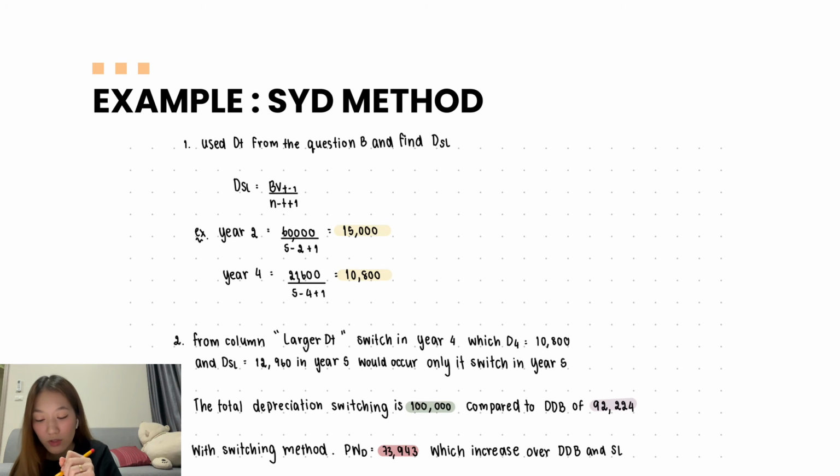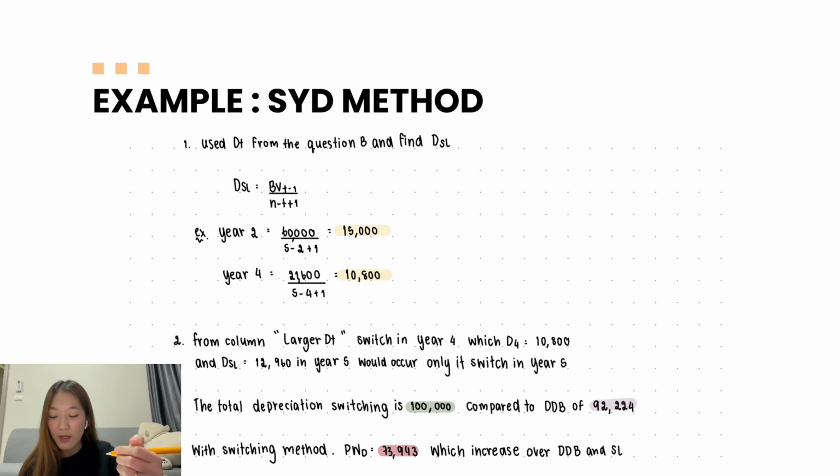And so the total depreciation with switching is 100,000, compared to DDB of 92,224. And with the switching method, PWD is equal to 73,943, which is an increase over DDB and SL.